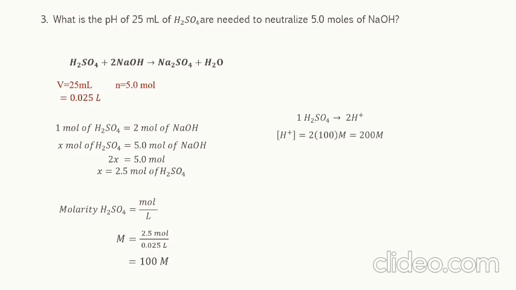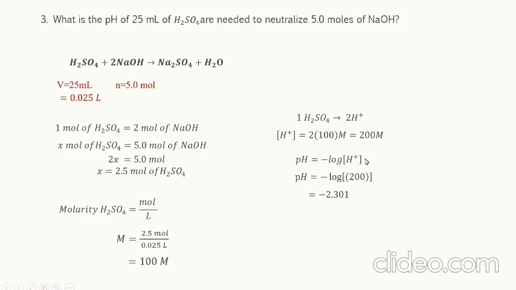So 1 mole of H2SO4 has 2 H+. Since we want to calculate the pH, we need to multiply 100 by 2, so we get 200. To calculate the pH, we use the formula pH equals negative log concentration of H+.